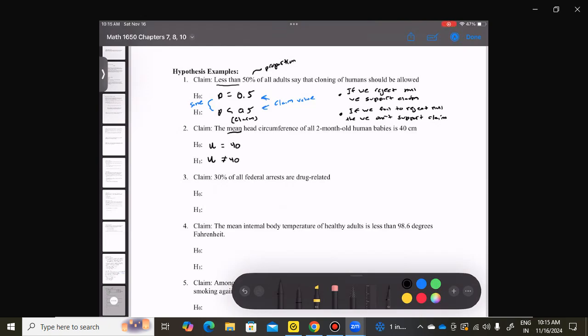The claim here is your null. So if we reject null, then we don't support the claim. If we fail to reject null, then we support the claim.